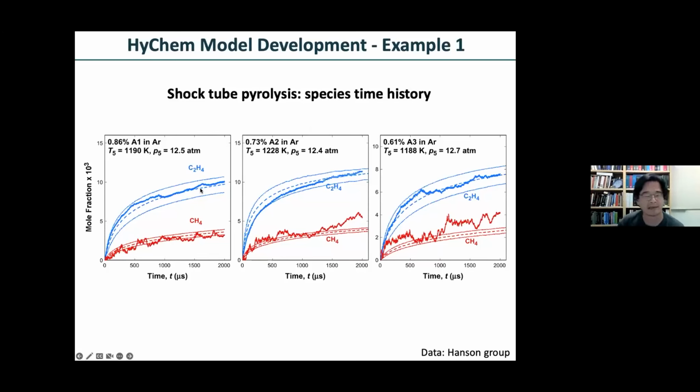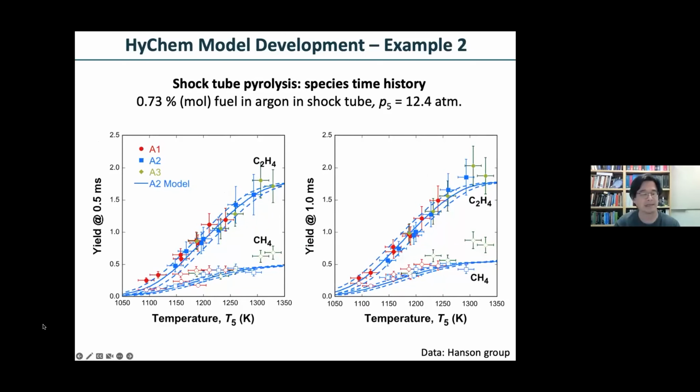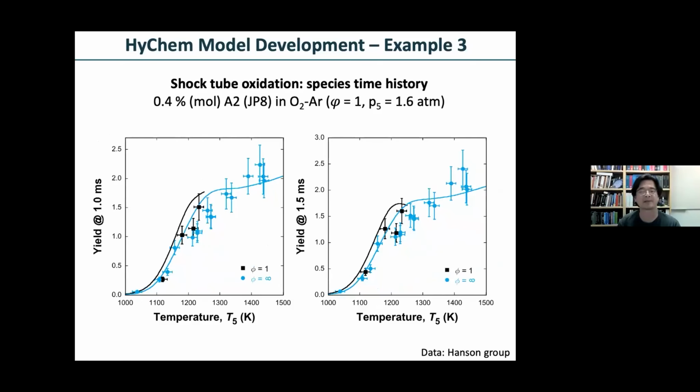By fitting this curve, we can back out those parameters, the HyChem kinetic model parameters. Those are the Greek letter parameters and rate constants. And you can do this over a wide range of temperature for yield of methane and ethylene and over different reaction times. Okay, it is this type of measurement we do.